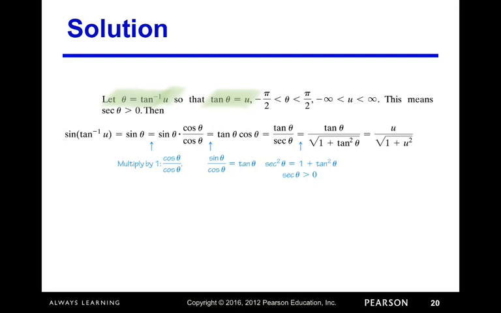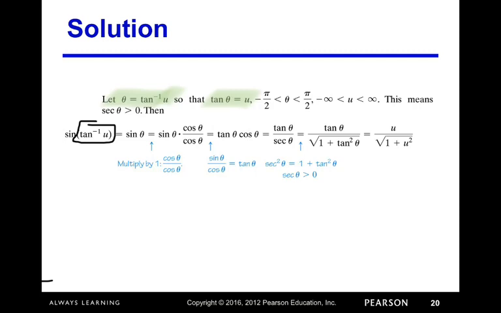Okay, so the sine of theta, then we're just going to do some playing around with these. Sine of theta times, this whole piece here was replaced by theta because theta is the inverse tangent of u. That was our first assumption.